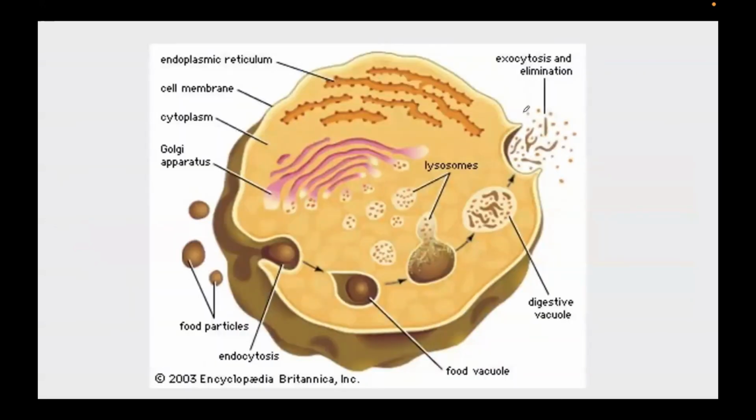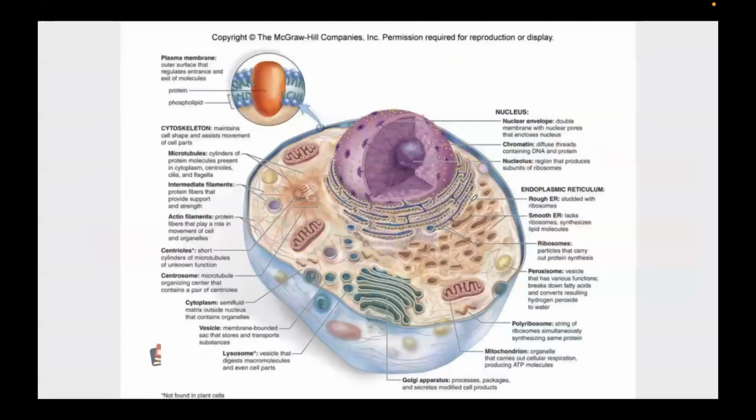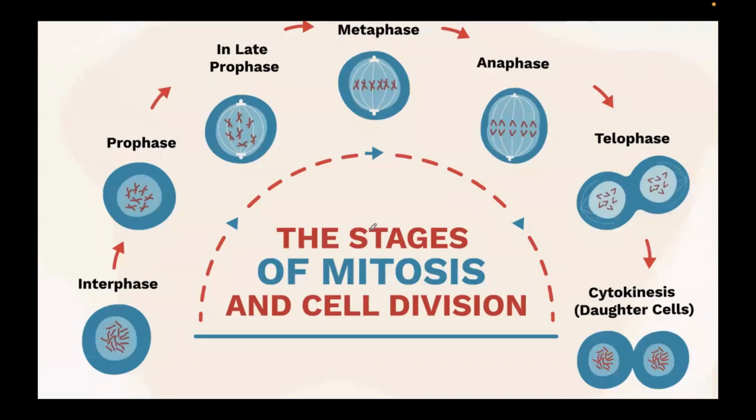Okay, so ito, mga picture lang yan ng ating cell. And ito, mas maganda yung representation ng ating cell in this picture. Kitang-kita mga organelles natin. And lastly, the stages of mitosis in cell division. From interphase, prophase, metaphase, anaphase, telophase, and then your cytokinesis or your daughter cells.